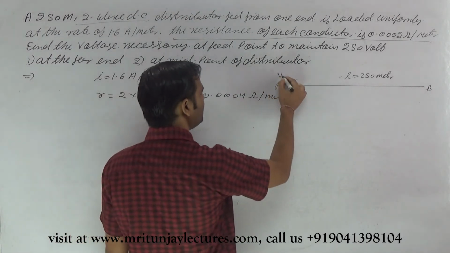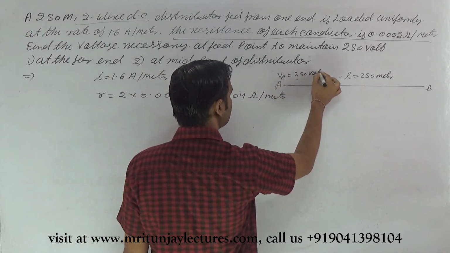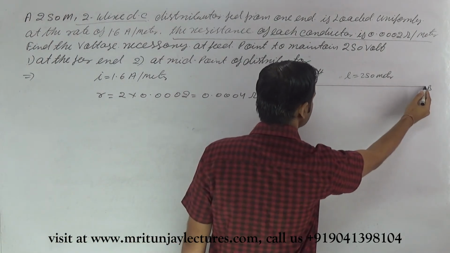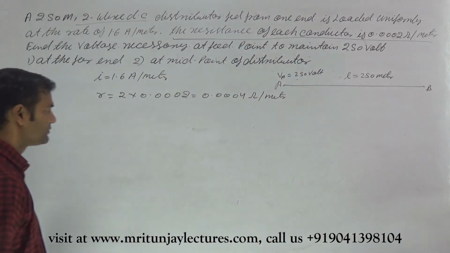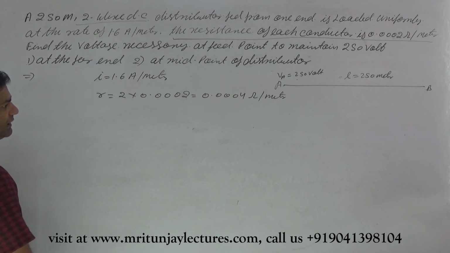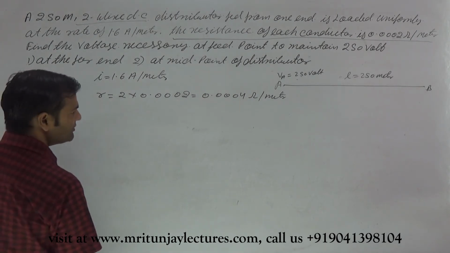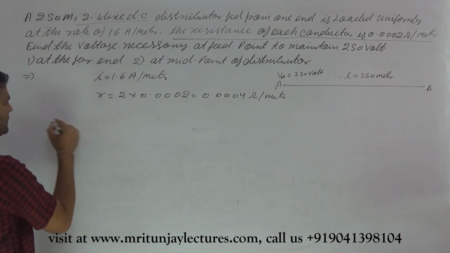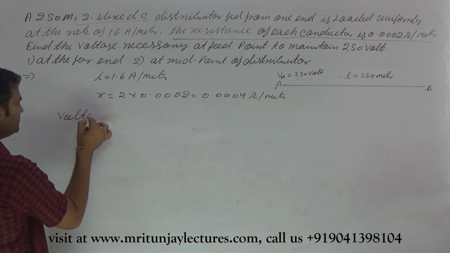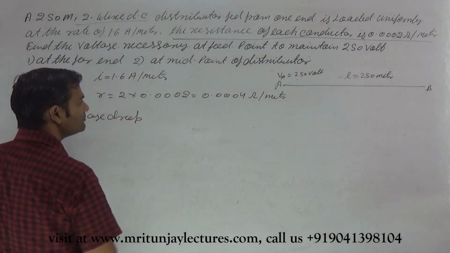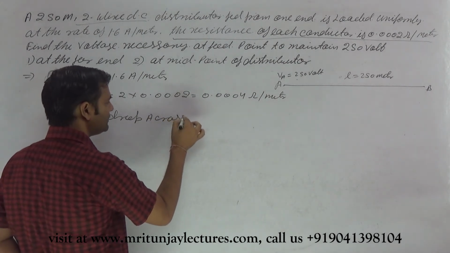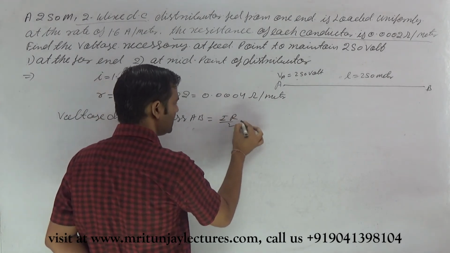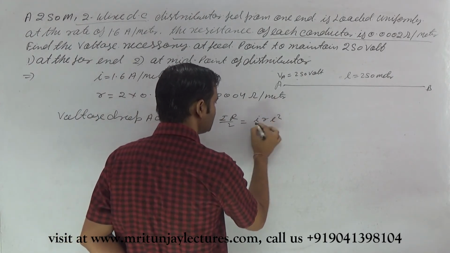Now find the voltage necessary at the feed point to maintain 250 volt, meaning VB is 250 volt. First, the voltage drop across AB, the entire or maximum voltage drop, is I into R by 2, or I into R into L squared by 2.